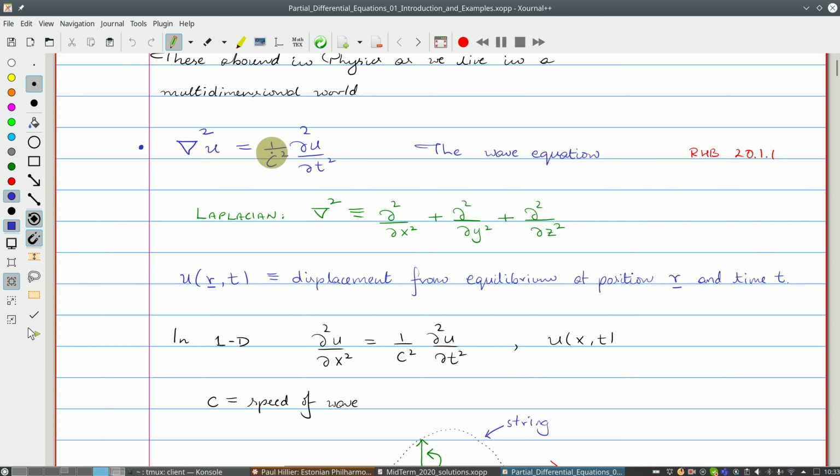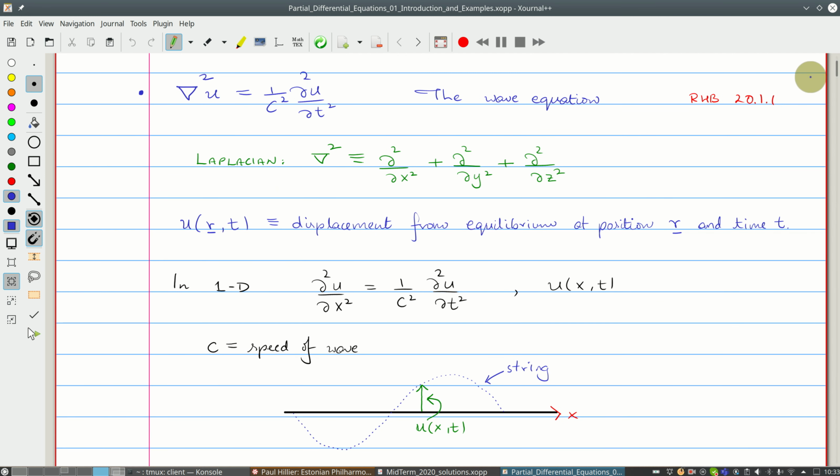And here this constant c is not the speed of light, it's the speed of the wave.